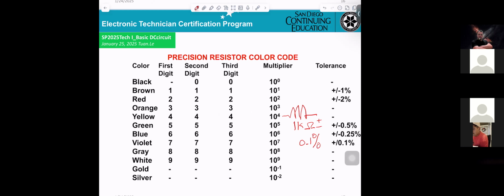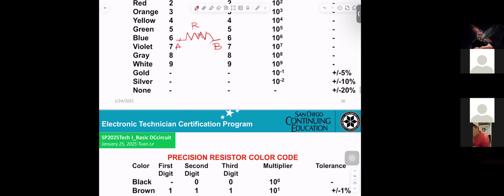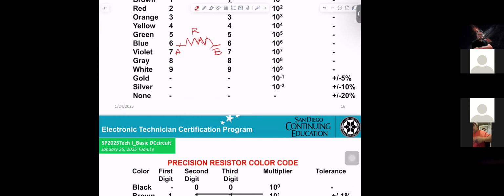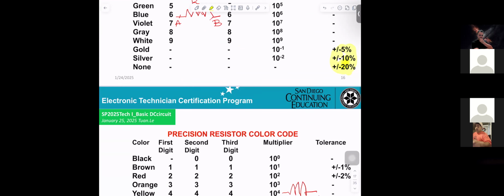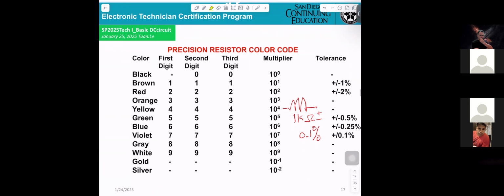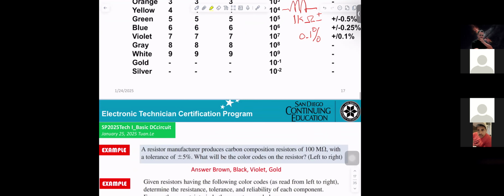That means more accurate than the other one. The other one, you can see, accuracy will be 5%, 10%, 20%. That will be cheaper. If you buy this 4-band resistor, maybe it costs about 5 cents for one resistor. But for a precision resistor, you pay 25 cents. That's the only difference.